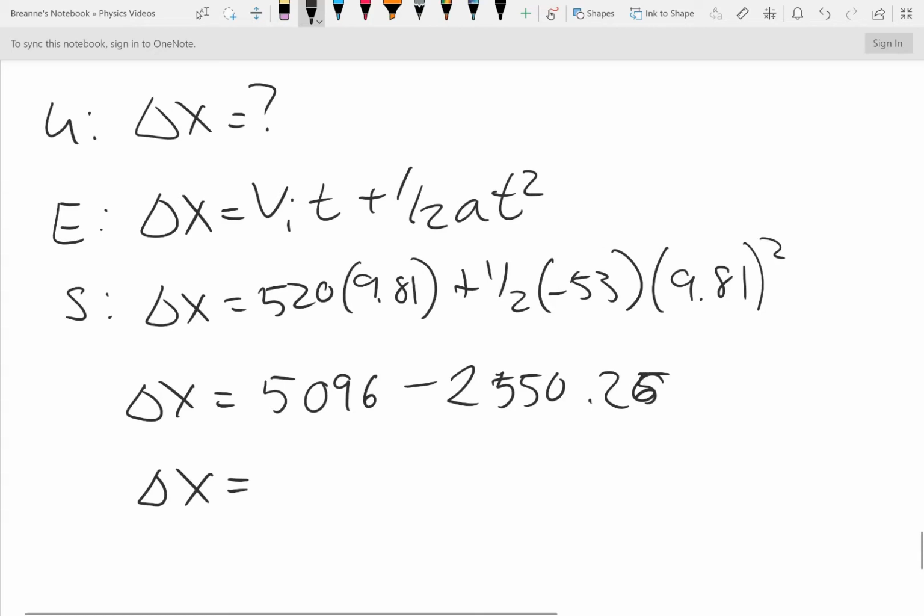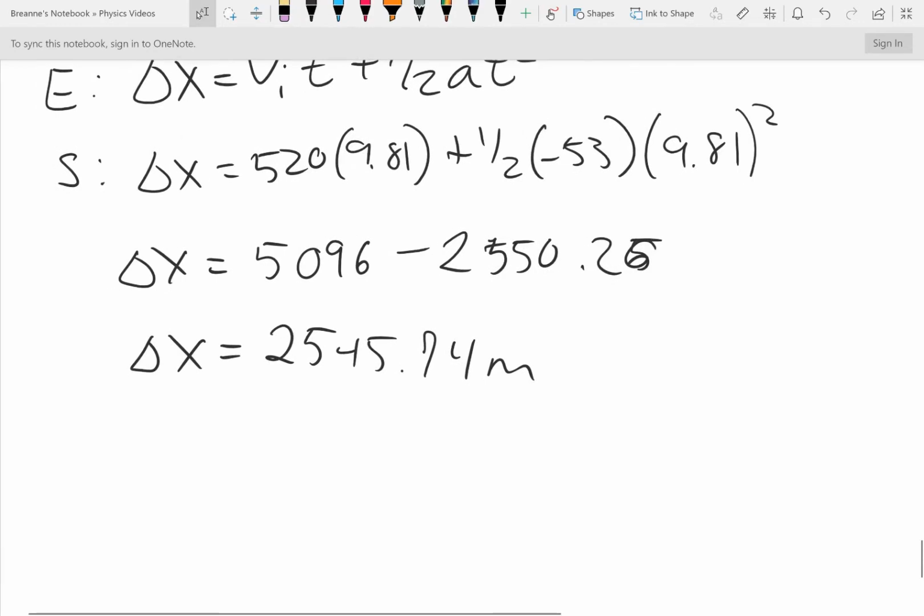So 5,096 minus 2,550.26, and you're left with 2,545.74 meters.